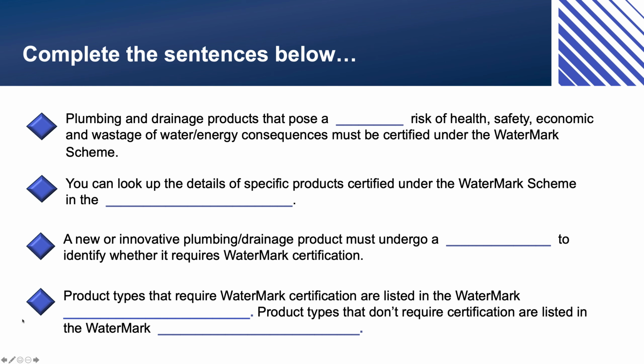Complete the sentences below. Plumbing and drainage products that pose a what, risk of health, safety, economic and wastage of water or energy consequences, must be certified under the WaterMark scheme. You can look up the details of specified products certified under WaterMark scheme in the what.